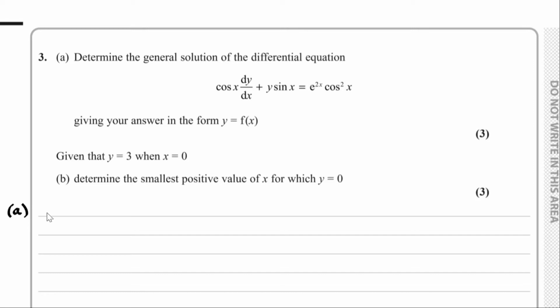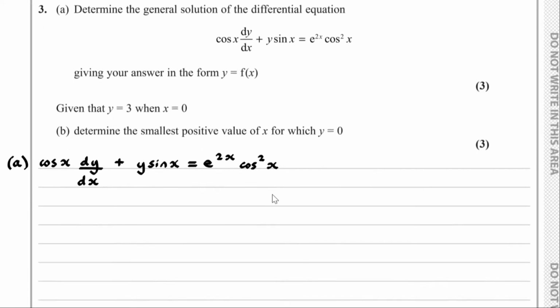So for part A, we have cos x times dy over dx plus y times sin x, and that's equal to e to the power of 2x times cos squared x.